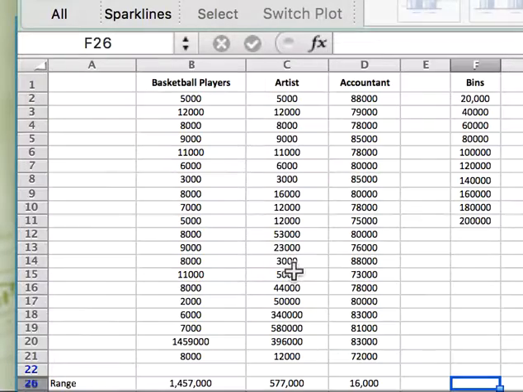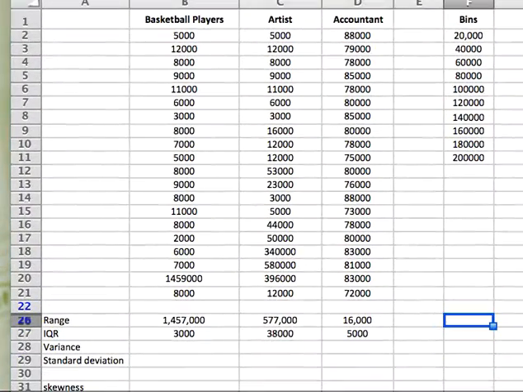And as we see, if I want to zoom in a little bit here, the interquartile range of basketball players is actually quite small. Even though the range was the biggest, the interquartile range is tiny. In other words, the middle people make like nothing. That middle 50% of all people, the range of possibilities is very, very small. For artists, there is substantial variability. And if we look at accountants, we find that their range is also very small, right?